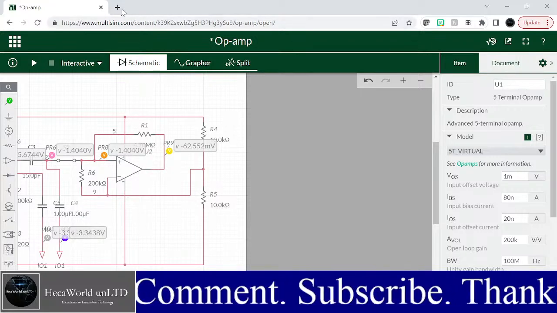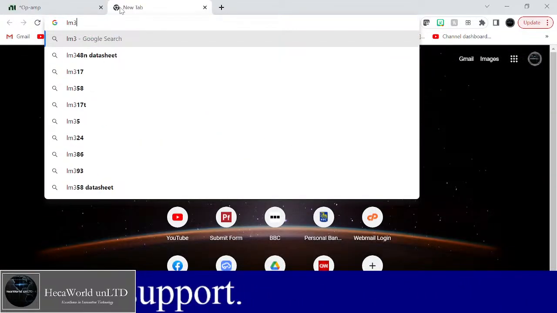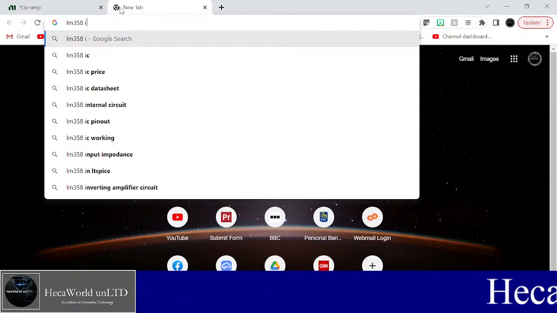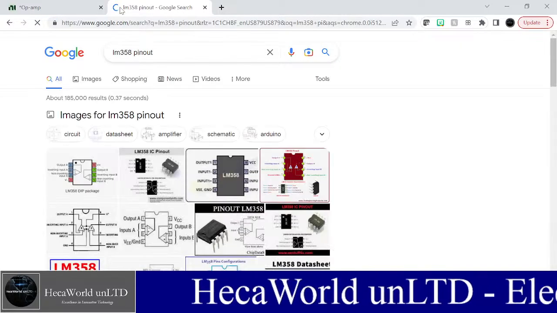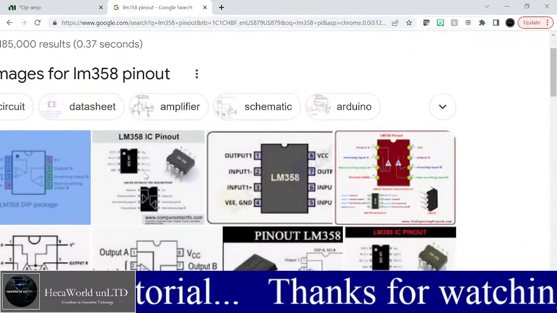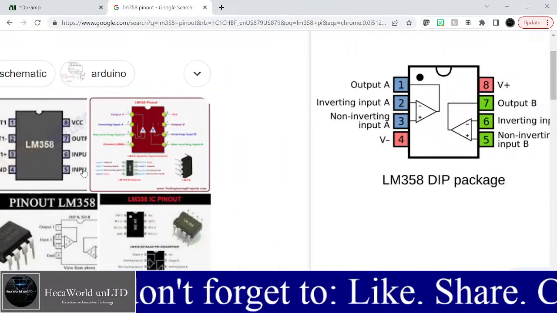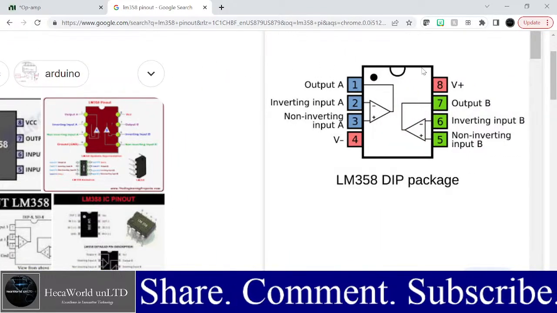The inverting, so let's look at the pinouts. Let's look at the LM358 pinout. So I think it's easier if I use this to demonstrate that. So let's look at this image here.